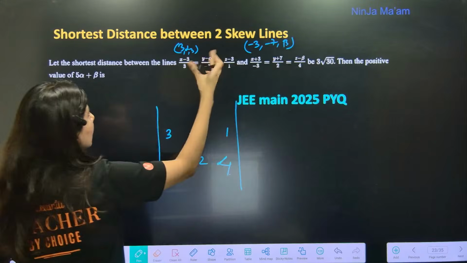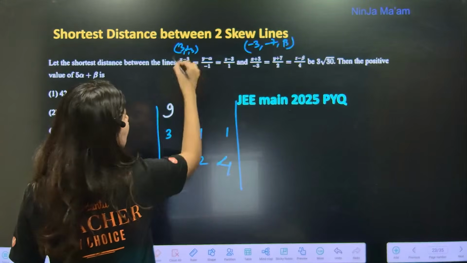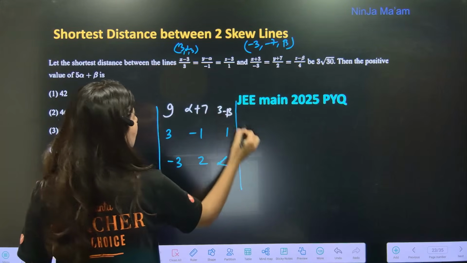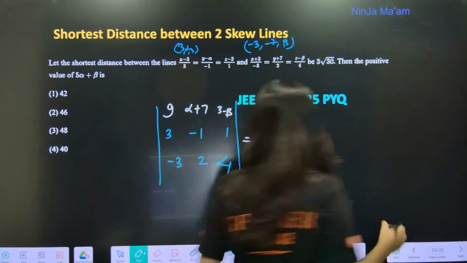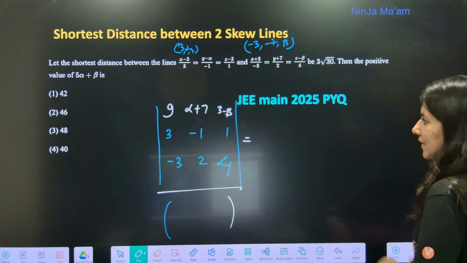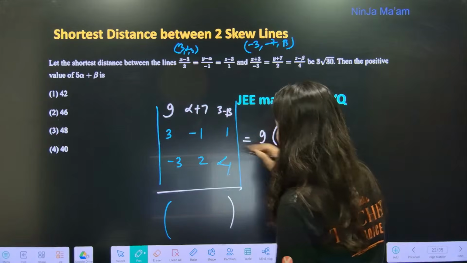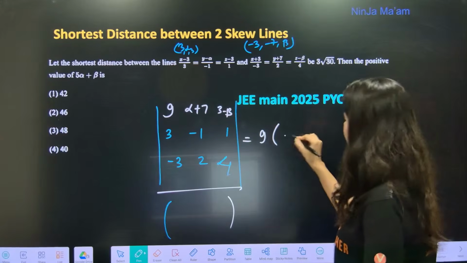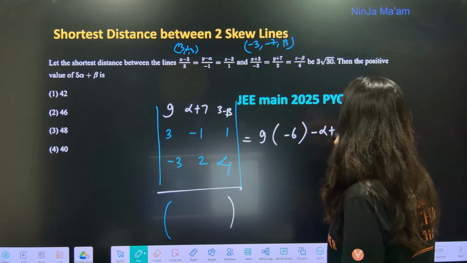Let's solve. So 3 minus minus 3 is 9, alpha plus 7, and 3 minus beta. Shortest distance, everybody. Let's open, and there will be a denominator also, which I'll write a little later. So 9. Now minus 4 minus 2, minus 6 minus alpha plus 7.